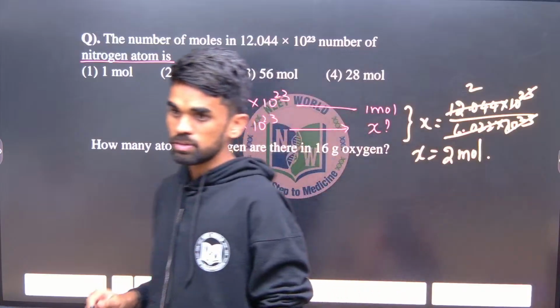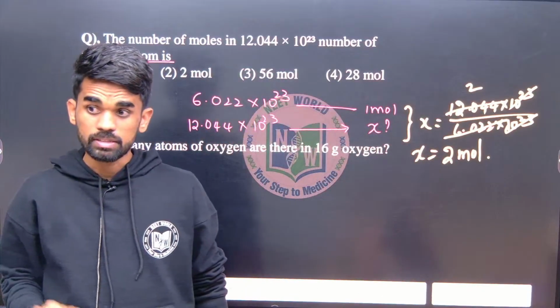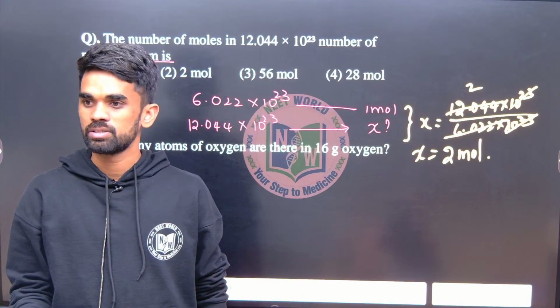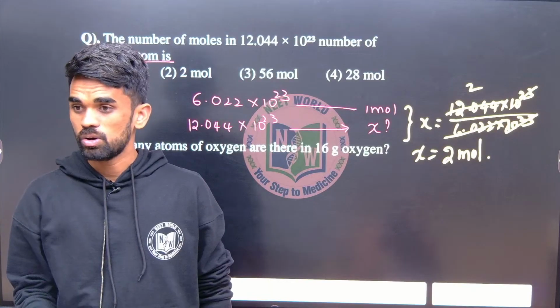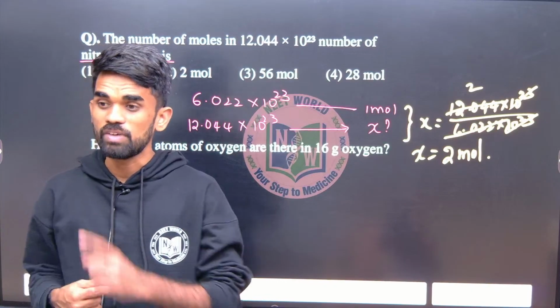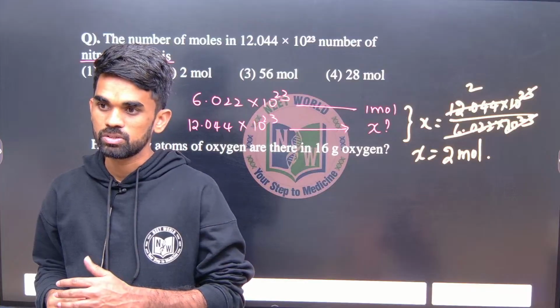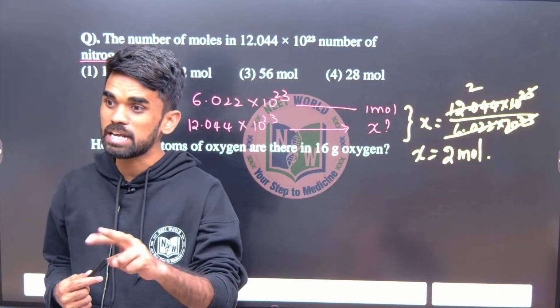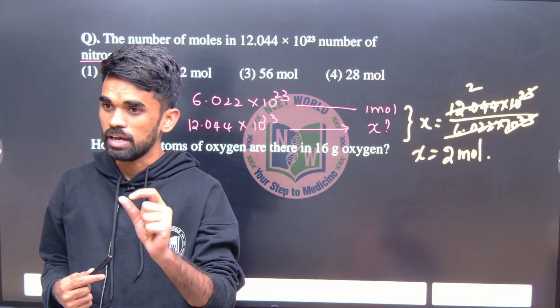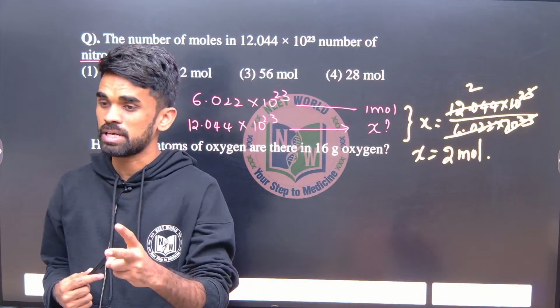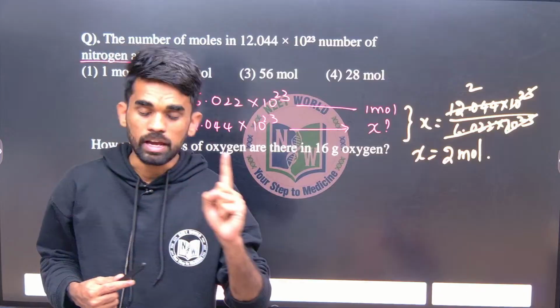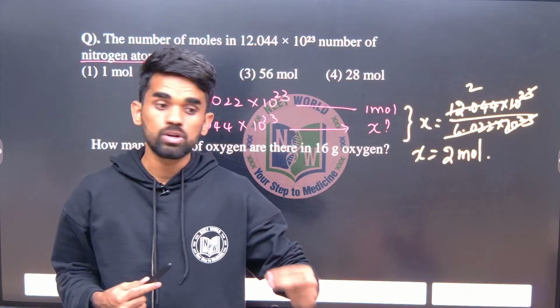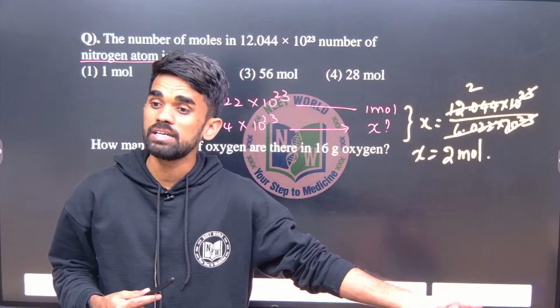If they give N2 also, the same value will come? That is a molecule, so it will be a different value. In one molecule how many atoms are there? In one molecule 2 atoms. It is diatomic nitrogen. So 1 mole of N2 molecules, you should say 2 moles of nitrogen atoms.